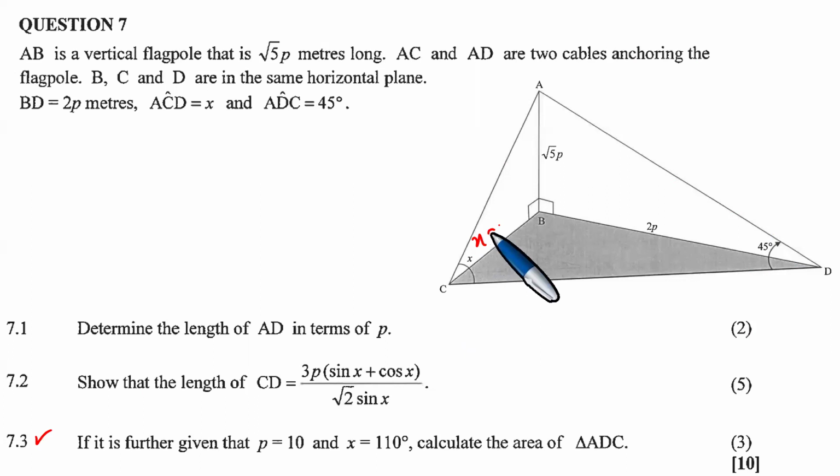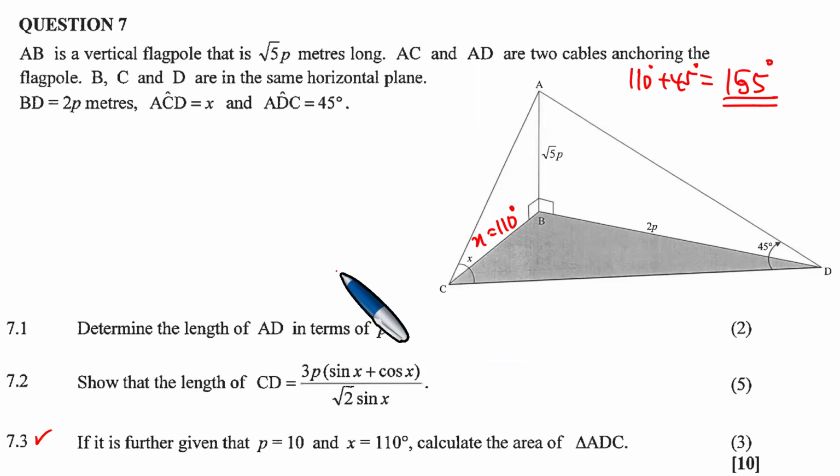We've already been told that X is 110 degrees, and this one is 45. So you have 110 degrees plus 45 degrees, which is 155. So if it's 155 degrees, then you can be in a position to compute the area of the triangle ADC.